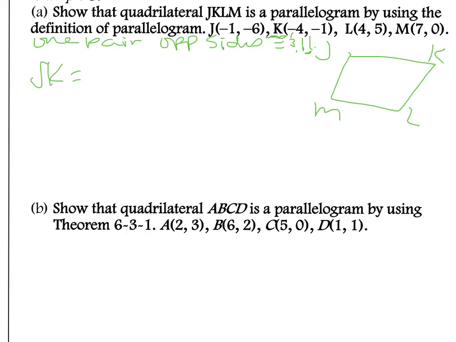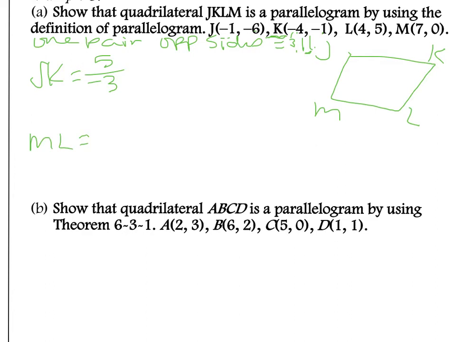So JK, from -6 to -1, that means I went up 5. From -1 to -4, that means I went backwards 3 places. So we are at -5/3 for the slope of JK. And then the opposite side of JK is ML.